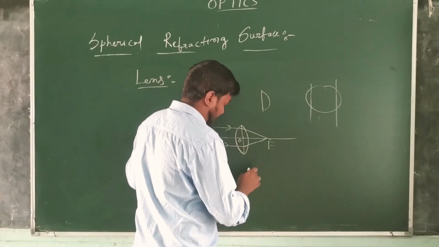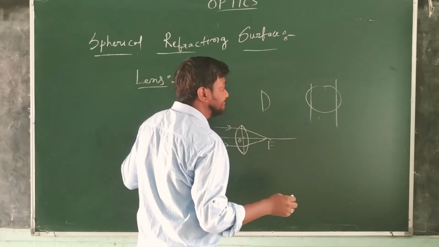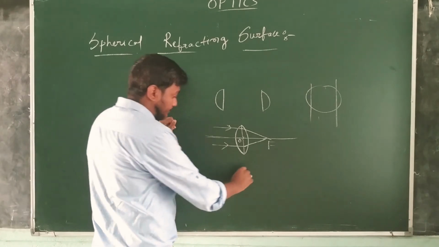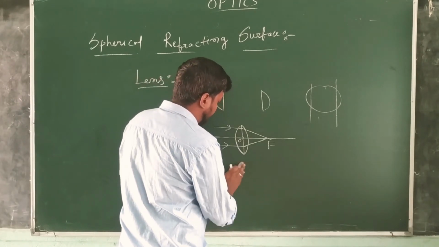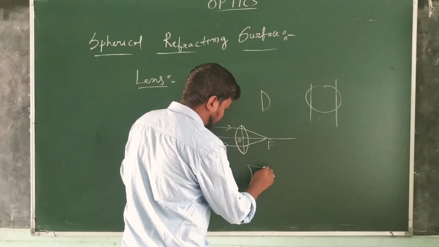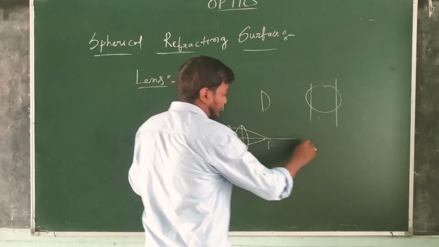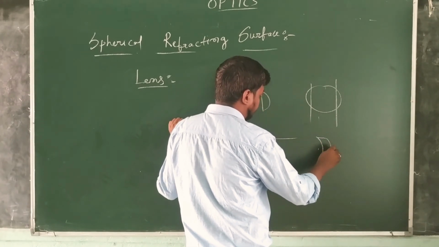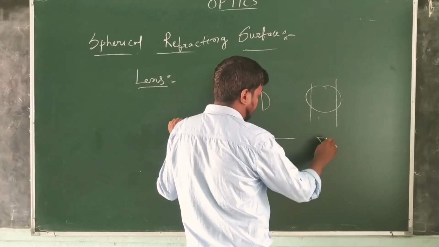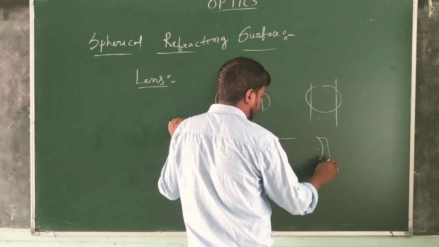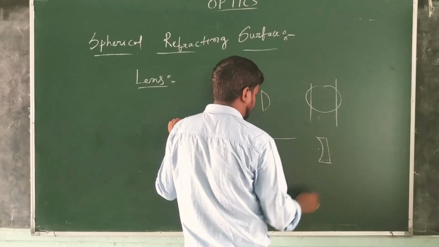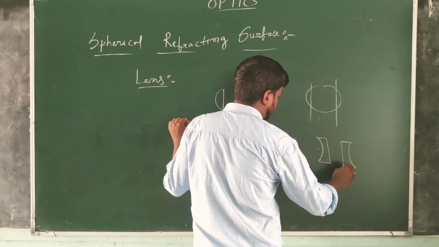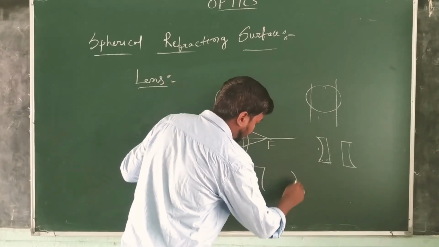Now come to the concave lens. We cut these slices like this and join them together.